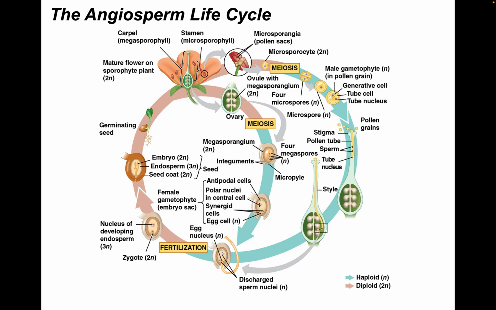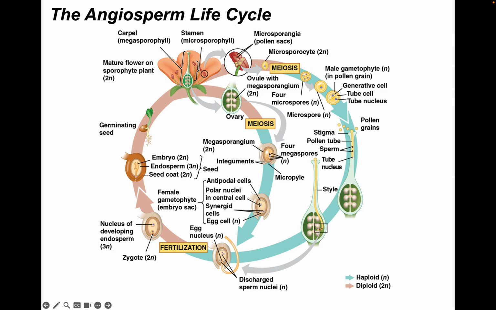Before we go there, let's go back to the flower here and let's follow the carpel. At the base of the carpel, we have the ovary. Inside the ovary are the ovules. The ovules contain the megasporangium. The megasporangium makes the megaspores.